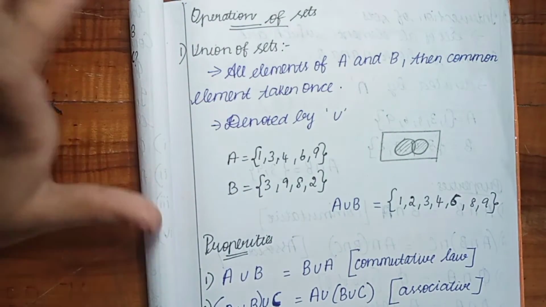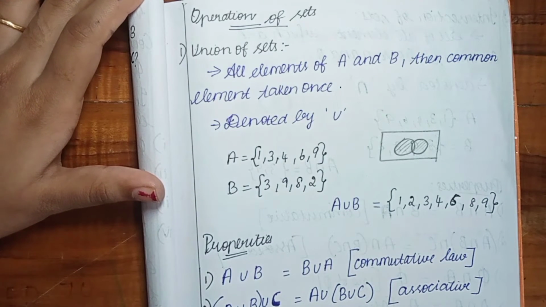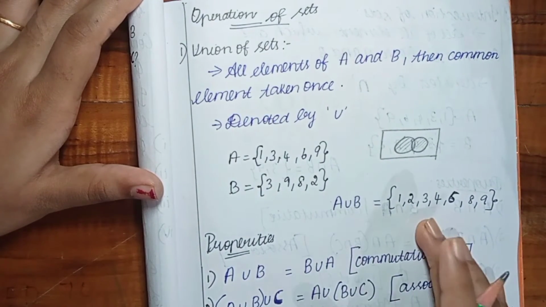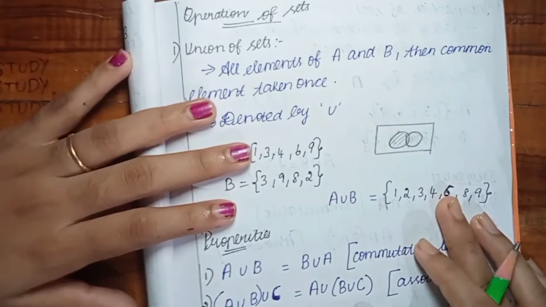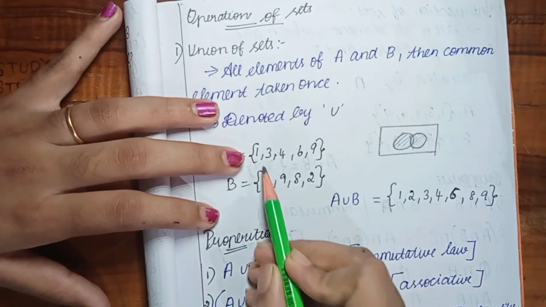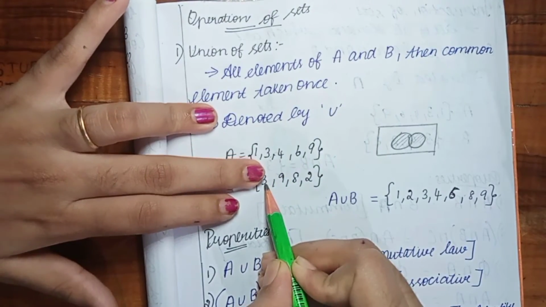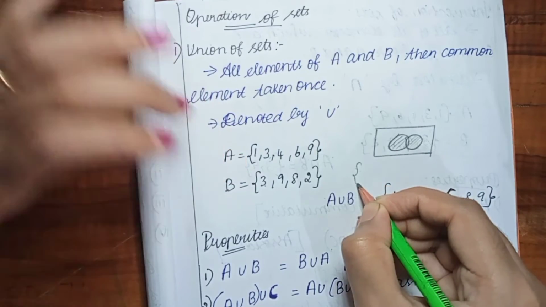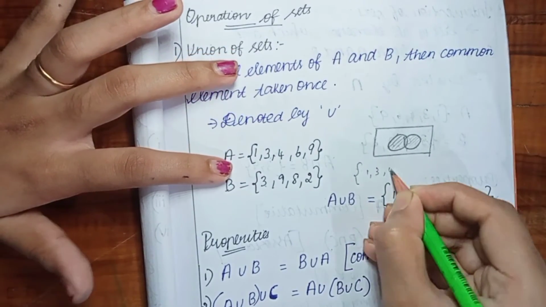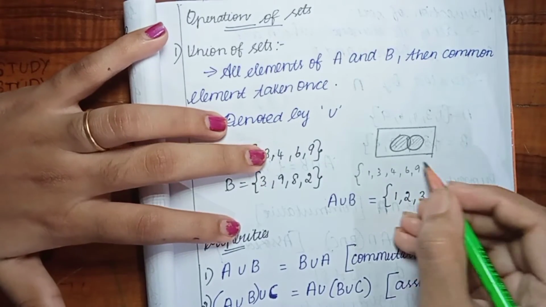Union of sets: all elements of A and B, with common elements taken once. It is denoted by ∪. A union B, that is, the common elements are taken only once. If you want to write the union of sets, 1, 3, 4, 6, 9, you will not repeat the 3 again because you have already written it.